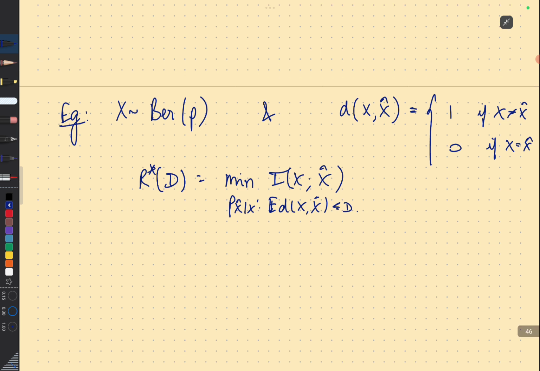So in this case, what is the expectation of d(X, X hat) equal to? Remember that X and X hat are both binary random variables, and d(X, X hat) is equal to 1 if X is not equal to X hat and 0 if X is equal to X hat. So what is the expectation of d(X, X hat) going to be equal to?